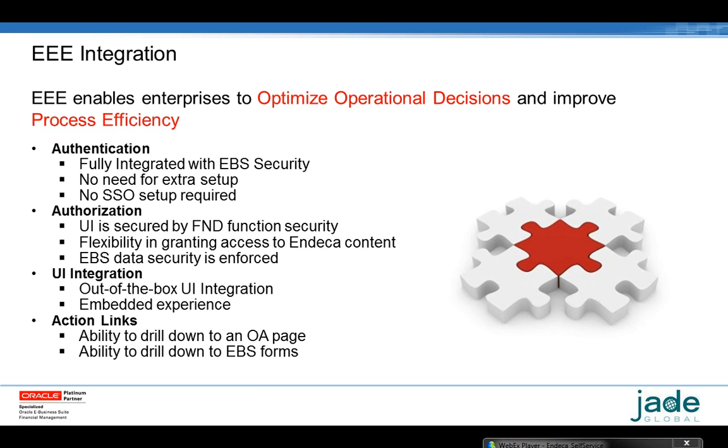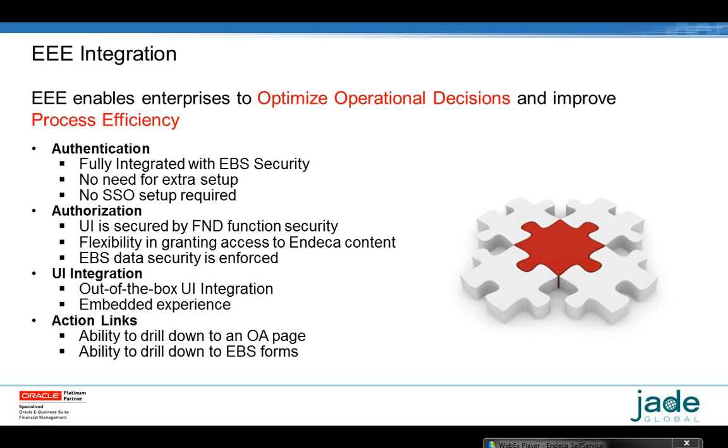As far as authorization is concerned, if you're familiar with EBS, it uses the same function security. If you have menus, the menus are assigned to roles and roles are assigned to people, and that is how you get authorized to access any particular Endeca page. It's very flexible in granting access.